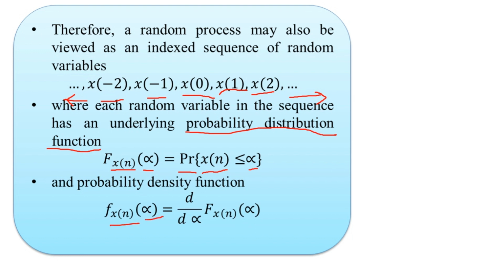Here we carry out the differentiation, d by d alpha, the differentiation with respect to alpha taken for the above equation. The LHS has been represented here: capital F suffix x of n as a function of alpha, the probability distribution function.